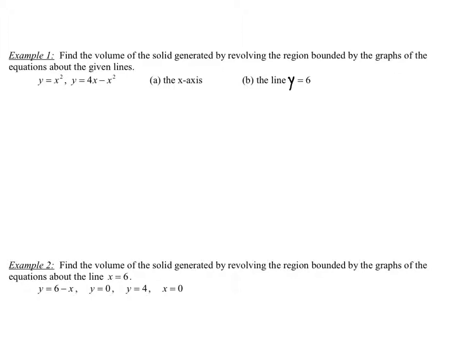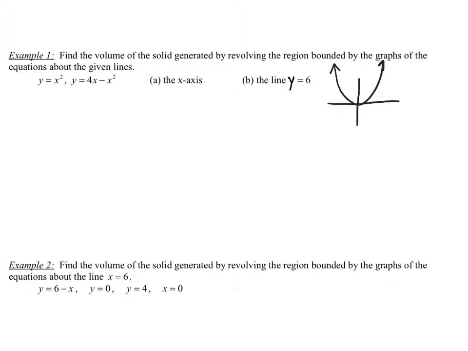Intersection points. I've got these two, and here's where a sketch of these curves might be helpful. I've got my y equals x squared, and I've got the x-axis, or, sorry, the 4x minus x squared.